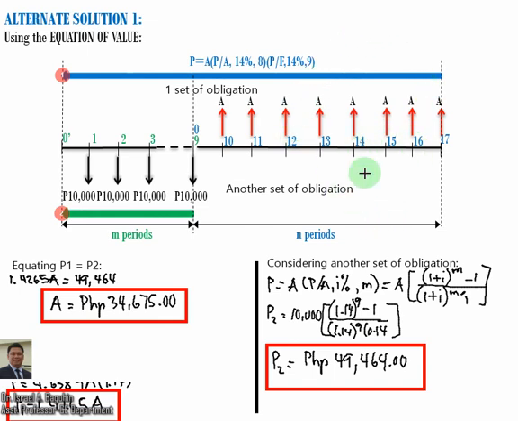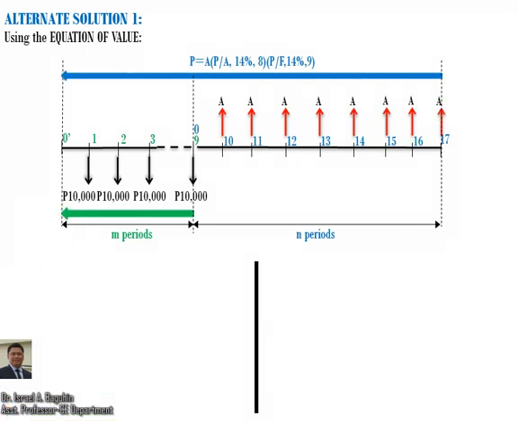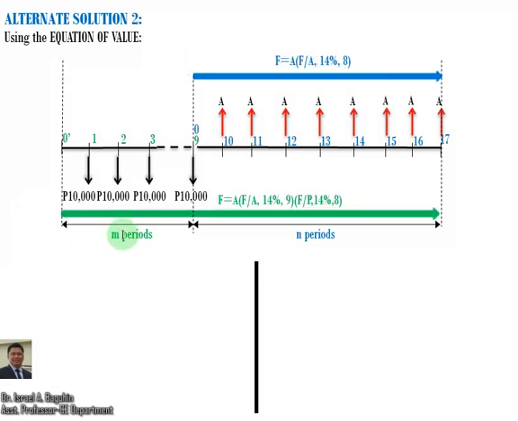Proceeding now to our second alternate solution, we have this illustration here, still using the equation of value. As you can observe, we now have a consideration of the future or accumulated amount. In our alternate solution number one, we went after the present worth, or the P, for this cash deposit.